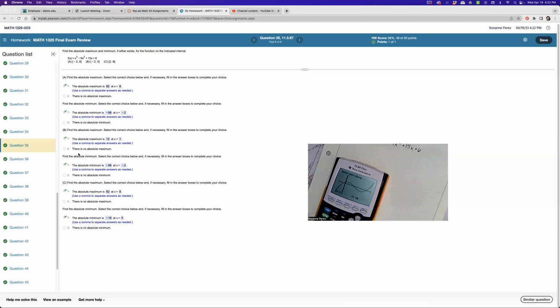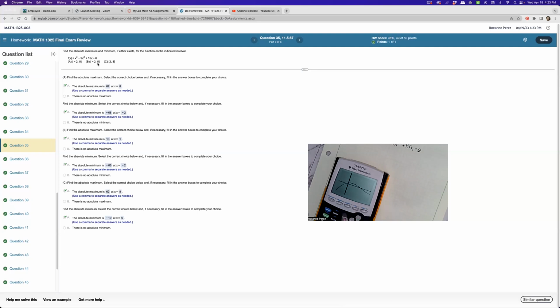Okay, so now we're moving on to B, and that is having us evaluate the function over the interval -2 to 5. So we're going to go back into our window, and we're going to leave the -2, change the x max to 5, graph again. Okay, so now for this interval, the absolute maxima is where?